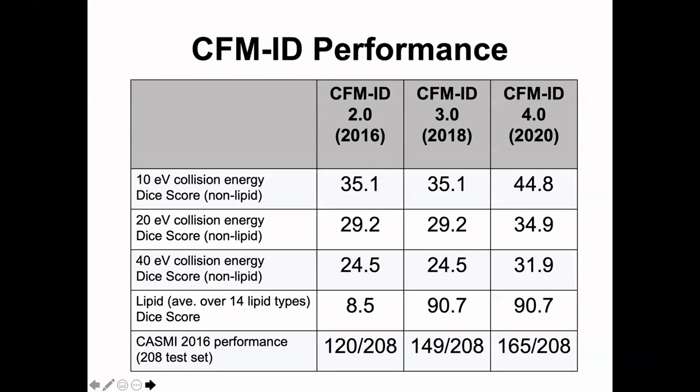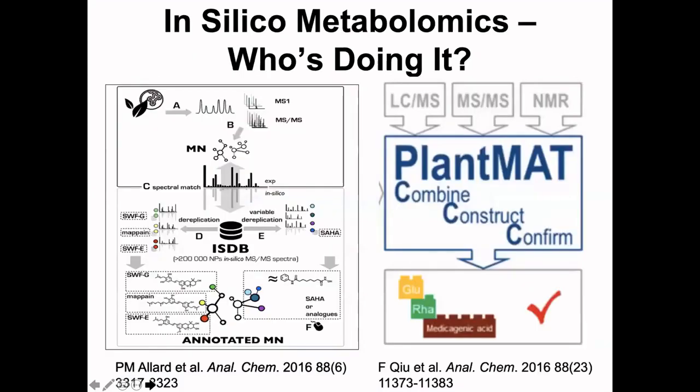So it seems to work quite well, and it's getting progressively better. And this suggests that in silico metabolomics is something that could really help with the compound identification in that dark matter problem. We're not the only people doing this.